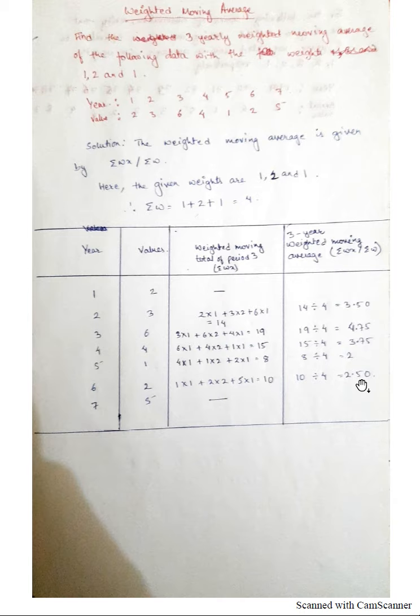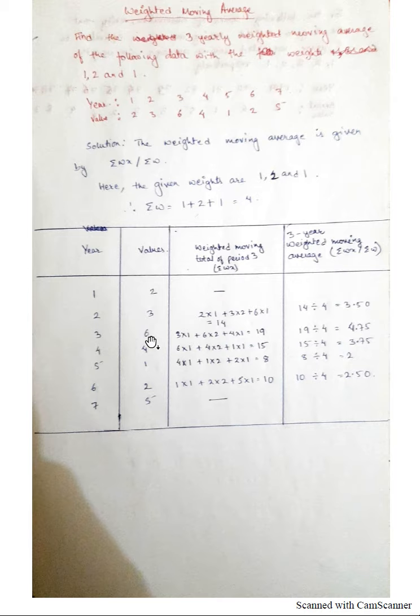Very simple, very easy. So now suppose you are asked to find the 5 yearly weighted moving average. You will be given 5 weights. So like you multiplied this by the first weight, plus this by the second weight, plus this by the third weight, for 3-year moving total.